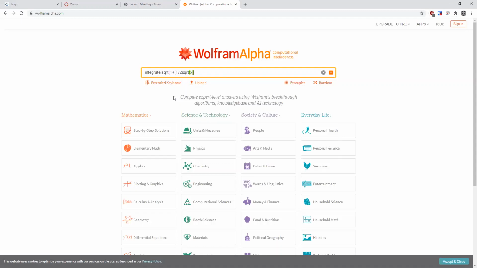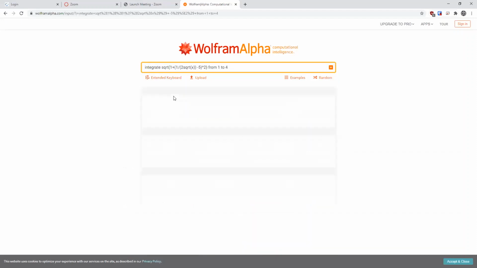Well, I'm changing everything to x's because I'm not sure. Also I need to put parentheses around here so that it knows that that's in the denominator too. Minus 5, and that's all squared. Okay, that's what I want to integrate. And then I'm going to put from 1 to 4, okay, because that's the integral. And then I hit enter.